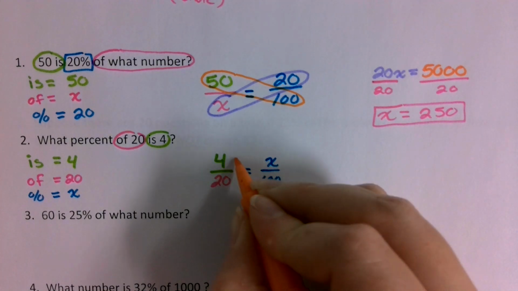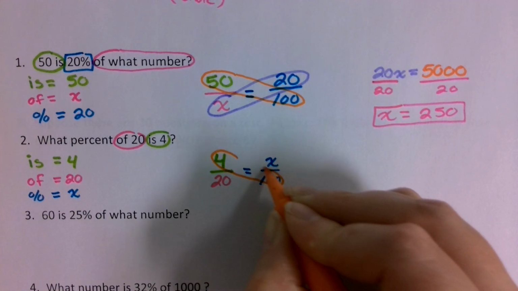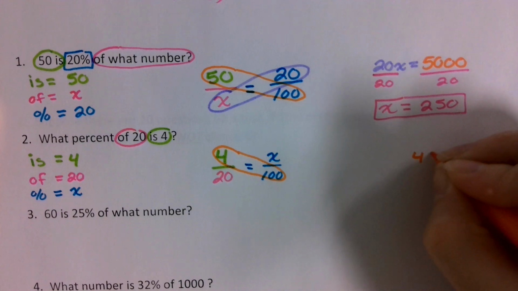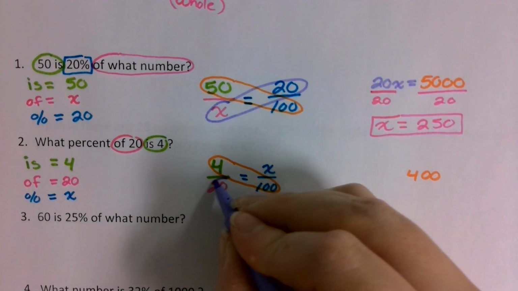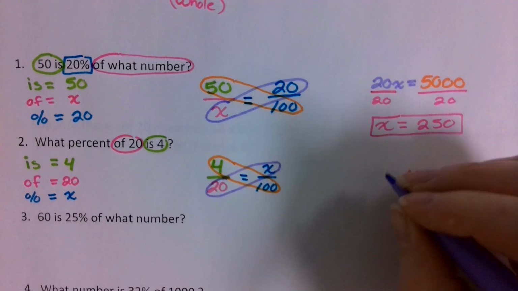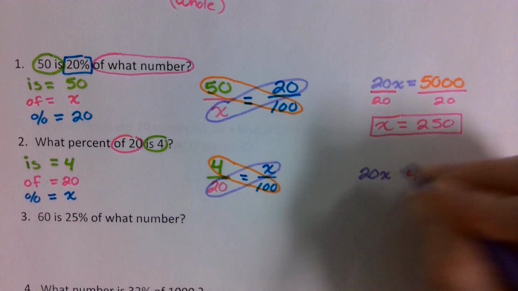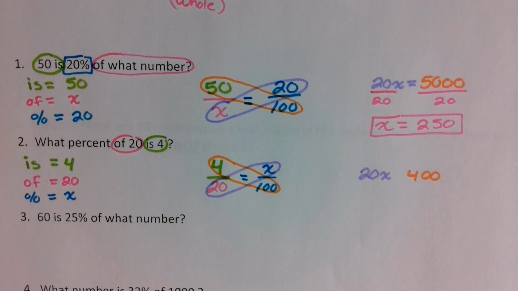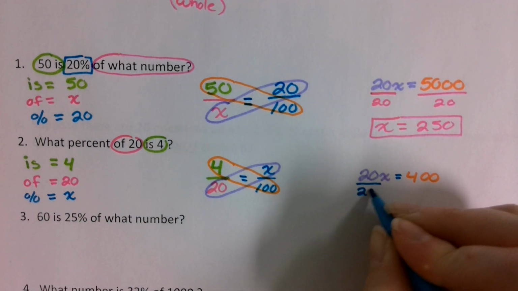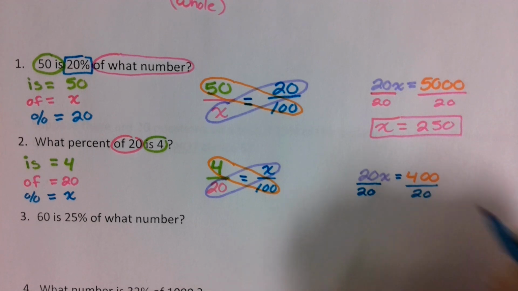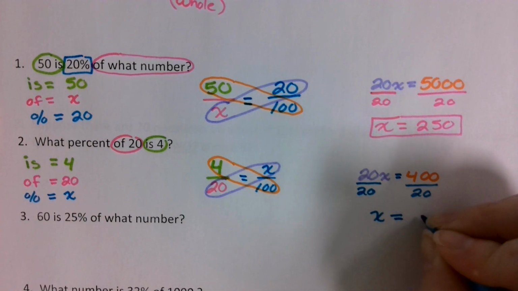We're going to multiply 4 times 100, and that'll give us 400. We're going to multiply 20 times the x, and that'll give us 20x. And then we can just divide. So we'll divide both sides by 20, and we'll get that x is equal to 20%.